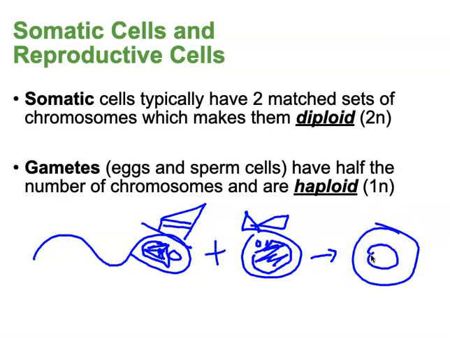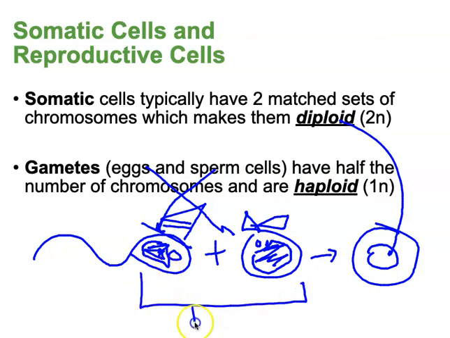A one-celled structure that is now diploid. But it's important to understand that the egg here and the sperm there were once haploid cells. And that meant that they had 23 chromosomes.